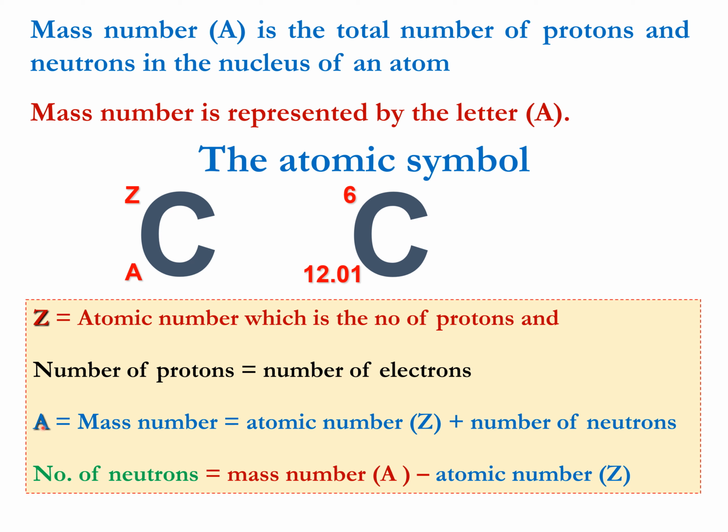And mass number is equal to atomic number plus number of neutrons. And from this formula, we can make number of neutrons the subject of the formula. So number of neutrons will then be equal to mass number minus atomic number.